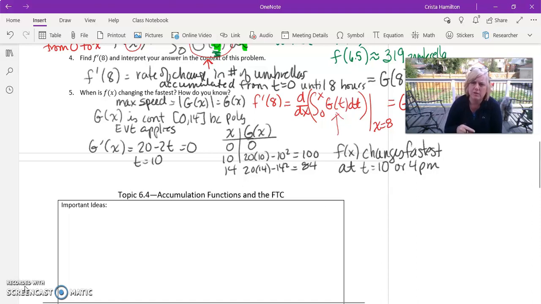But you could also have done this problem by using the fact that on the interval from 0 to 14, there's only one critical point.